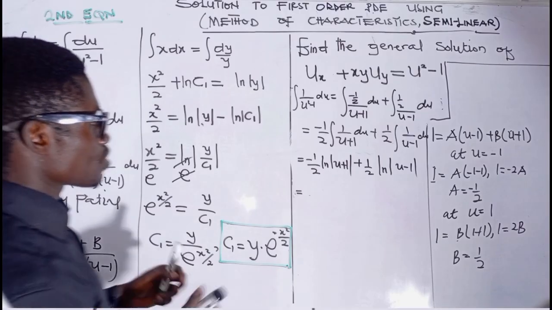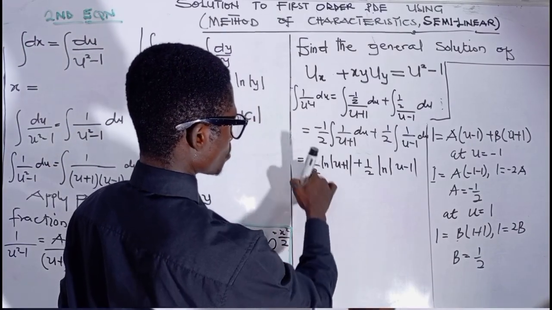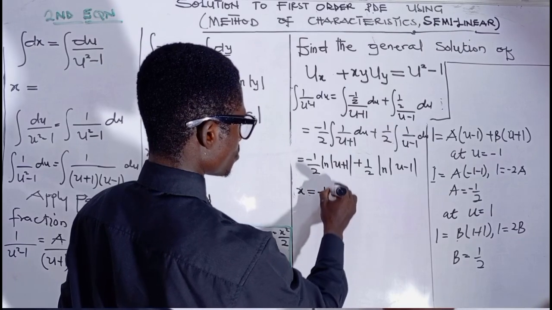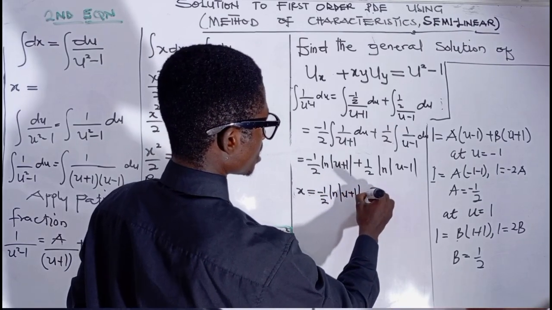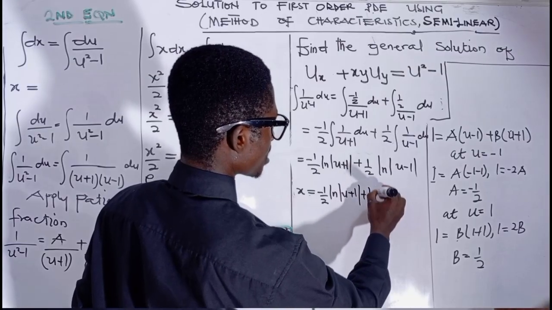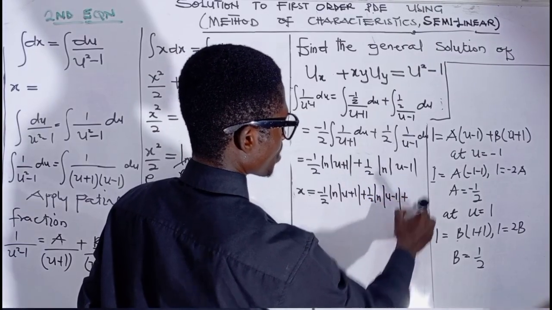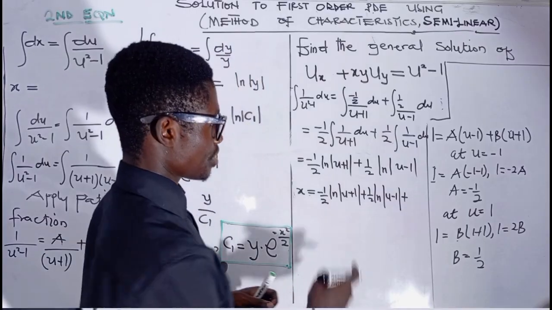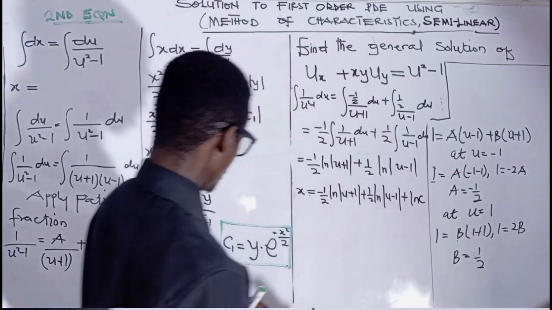So we have x is equal to minus 1 over 2 ln u plus 1, and then plus 1 over 2 ln u minus 1. Then we add our constant of integration. Since we have a lot of ln inside, let's take the ln on the constant as well.